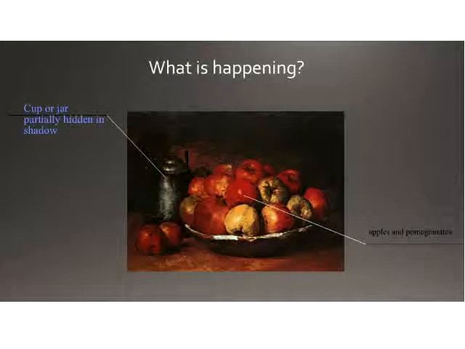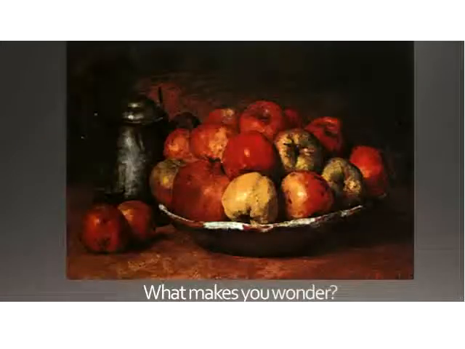Yeah, there's a variety of colors here. It looks like these apples and pomegranates are definitely in season, right? Maybe there's some dirt on them, but none of them look outwardly rotten or anything like that. So what makes you wonder about this piece?